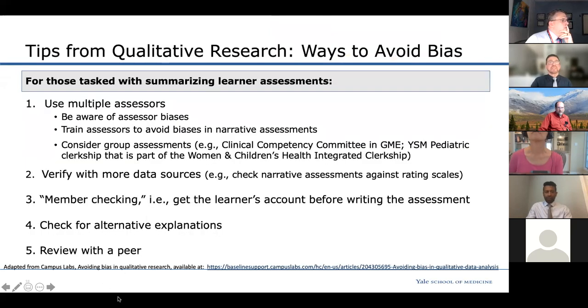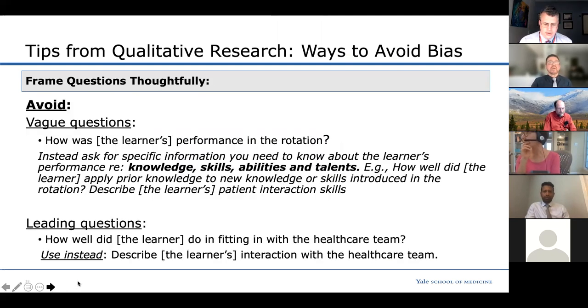What I'd like to do is I'm just gonna breeze past these two slides. This one has some tips for those who are tasked with summarizing learner assessments, such as clerkship directors that I mentioned a bit ago, and they're pretty self-explanatory, so I'm not going to spend time on this.